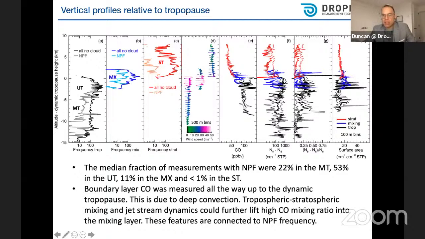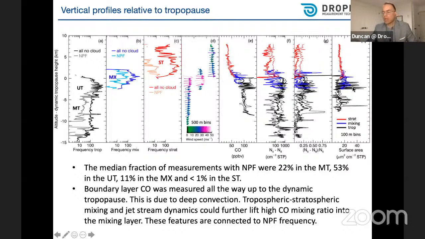And the significance of this is related actually to the surface area. So there are regions where there's high concentrations of small particles that are also associated with high concentrations or variability in the surface area.